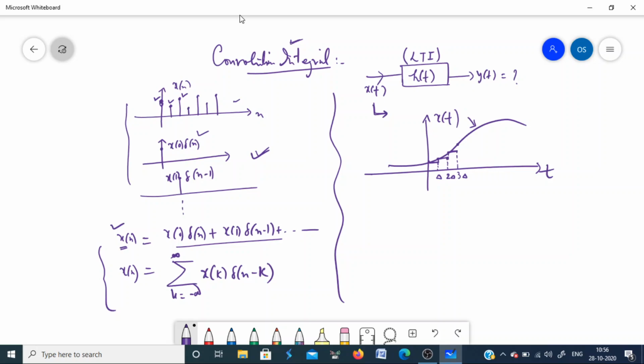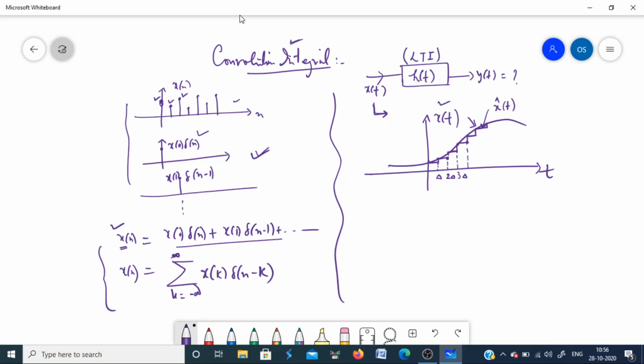And at 3 delta again sample the next value and keep it constant for again a time period of delta, and so on, like this. This staircase approximation I denote as x cap (t), which is an approximation of the original signal x(t).